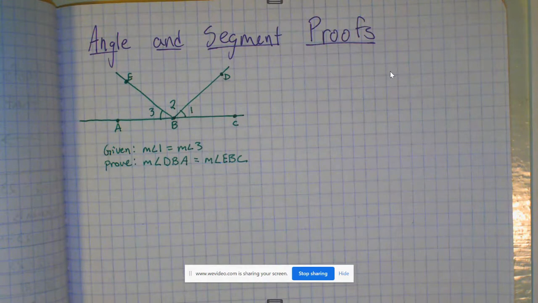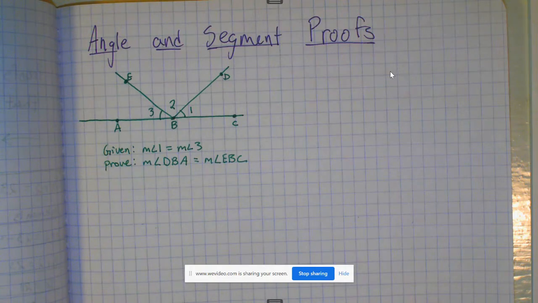Having the diagram, the picture, the figure, is going to be beneficial for us. We don't have to draw that out. Most proofs that I have you do, I will not have you do a full two-column proof. Most of the proofs will look similar to what you see on your homework.